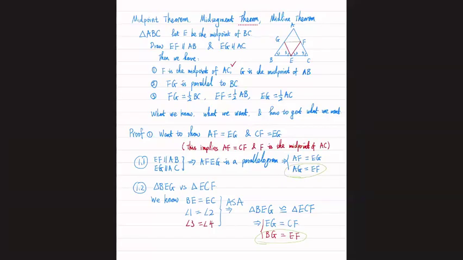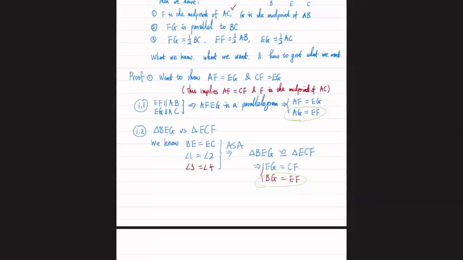The first one tells us AG and EF are the same length. The second one, BG and EF are the same length. Aaron, what can we say about AG and BG? They are the same length, because they are equal to the same thing.